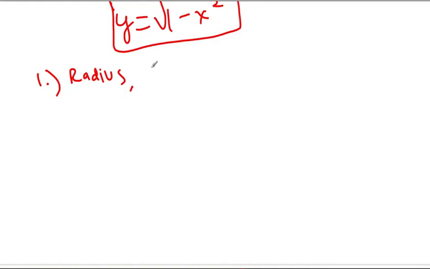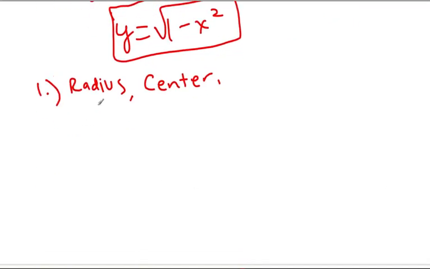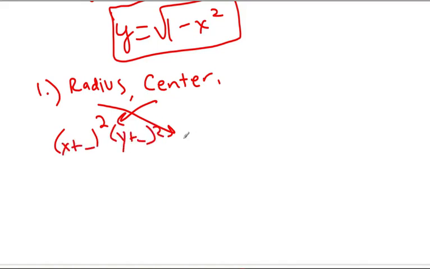And then you're going to want to find the center. Again, it depends on the problem, but as soon as you find those, put the radius into that side and put the center into x minus blank, y minus blank squared equals radius squared.